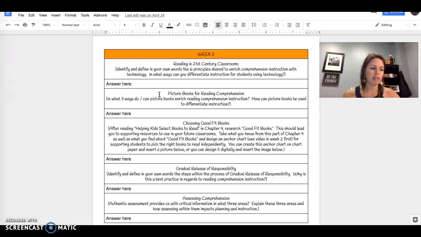First, building background knowledge and teaching content. When it's less about the process of reading and more about wanting them to build their schema and the content behind what they're reading, using a picture book allows you to get that content across without struggling with the words and vocabulary of a higher level text.